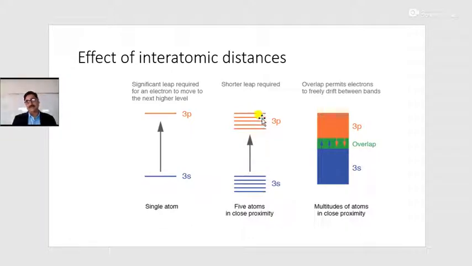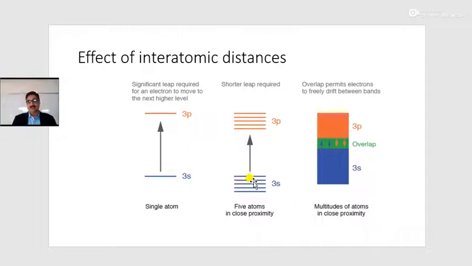So, for one atom, one line is for the conduction level and one line is for the valence level.